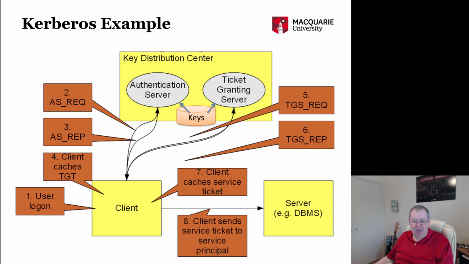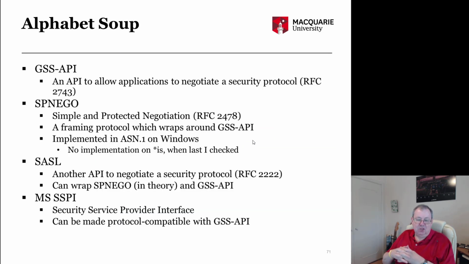Now I mentioned that in step 8, the client communicates to the database server, typically using some database protocol, which must be Kerberized to carry the tickets. And there are various protocols that are used for this purpose. Things like GSS API, SPNEGO, which is Simple and Protected Negotiation, which has been implemented in abstract syntax notation on Windows, but last time I checked there wasn't an implementation on Unix.